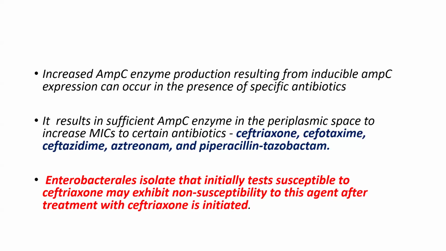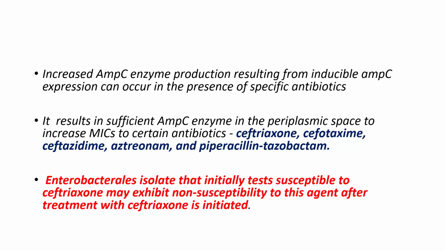Now that bacteria is non-susceptible to that particular antibiotic. So we will think, if that particular bacteria is susceptible to this drug according to our antisensitivity testing report, then why is my patient not improving? In that scenario, we should always consider the possibility of AmpC.